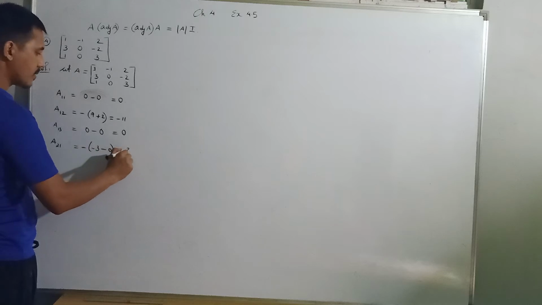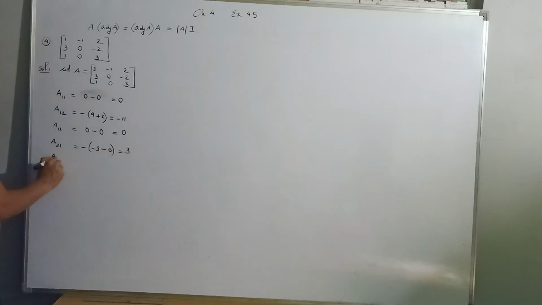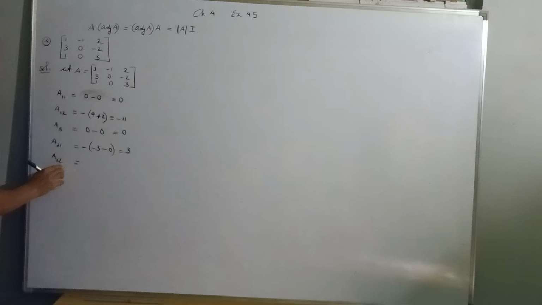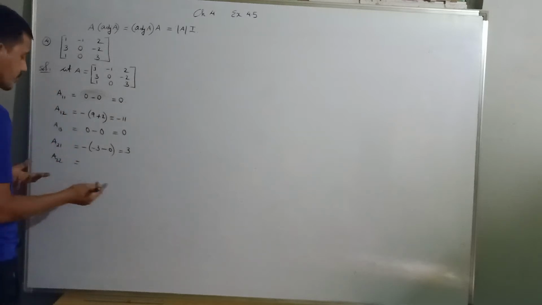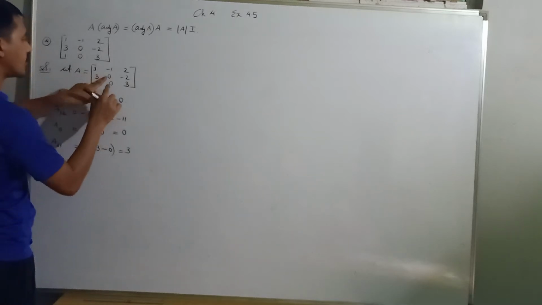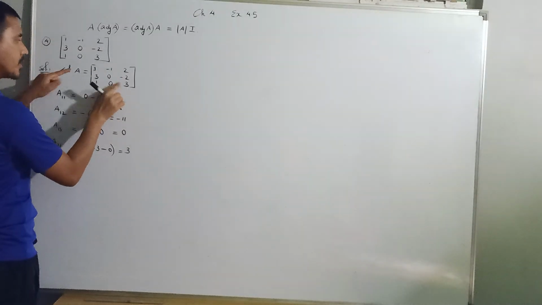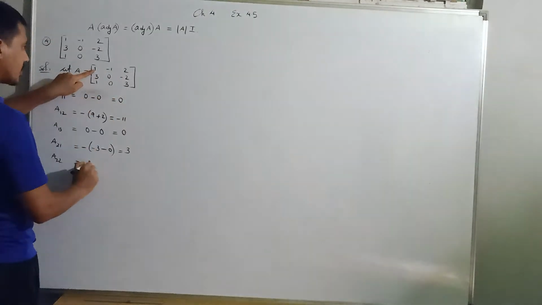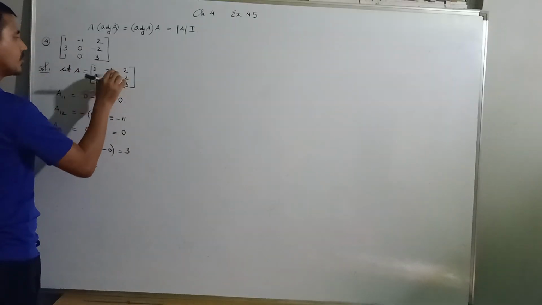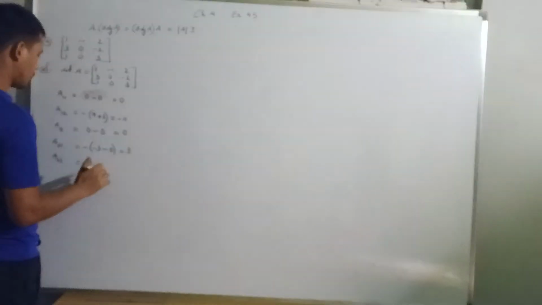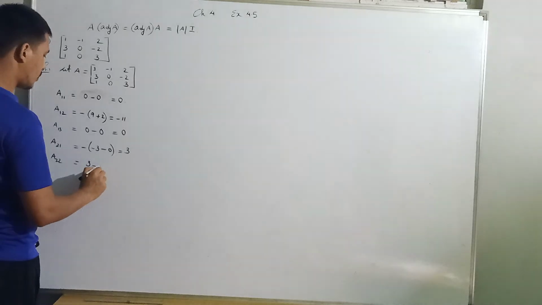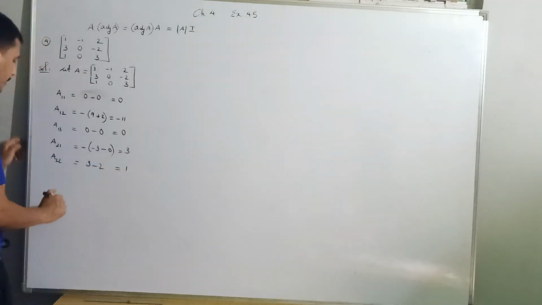So that is plus 3. A22: 2 plus 2 is 4, minus 1 to the power 4 is positive. The minor of this element will be the determinant of 1, 2, 1, 3. So 1 times 3 is 3, minus 1 times 2 is 2. So that is 1.